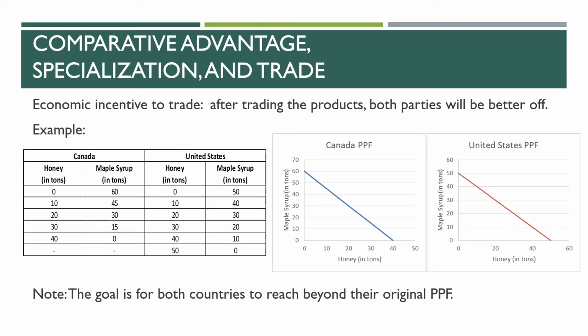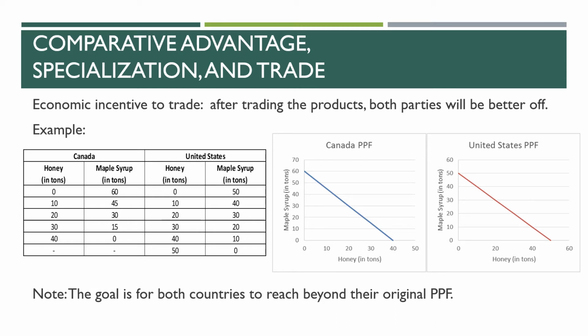One important thing to note is the two countries basically have a trade-off like a constant opportunity cost. The ultimate goal in this exercise is to reach a solution where the two countries can have products beyond the PPF.